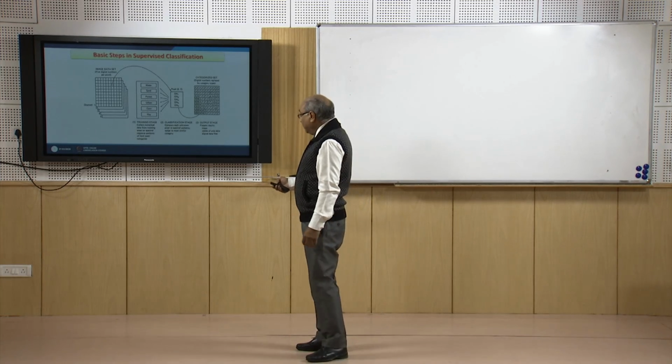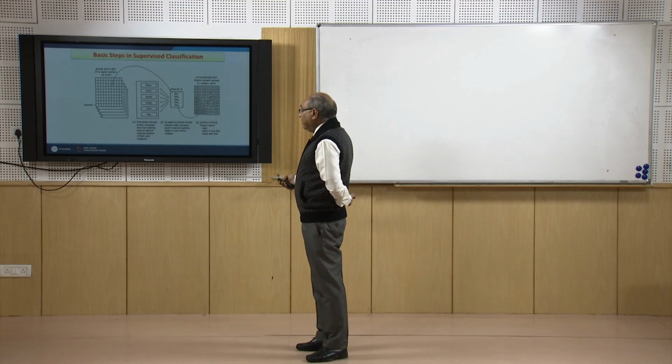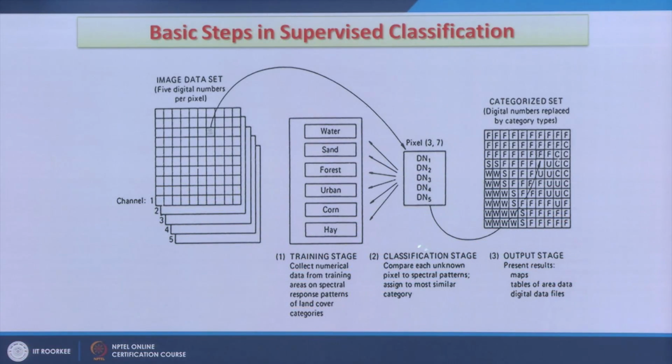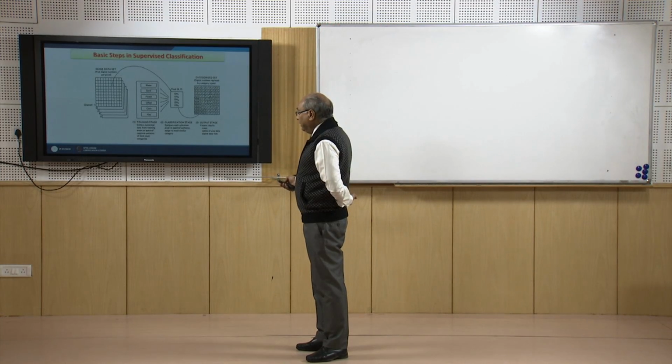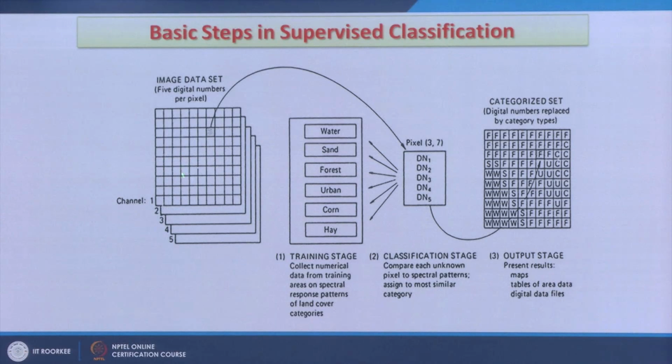So here the input from the user is very, very important. Once the training sets have been compared with the remaining spectral patterns, the classification is achieved, and then in the output stage you will have a map. Like if I have classified this color composite image using this number of classes, I will have a map, maybe a land use map, forest density map, lithological map, maybe soil map, and so on.